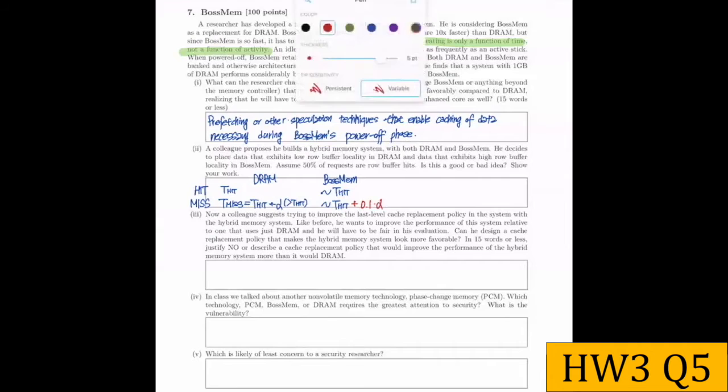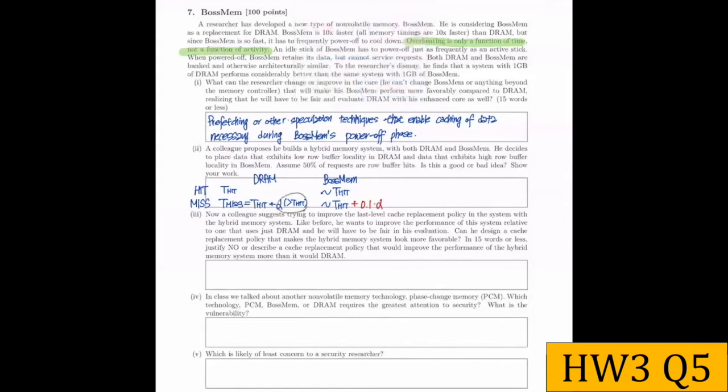So if we consider only the benefit of storing high locality data in each memory, BossMem's benefit is only 10% of that of DRAM, right? And also, during the power-off phase of BossMem, we cannot benefit at all from storing high locality data in BossMem, right?